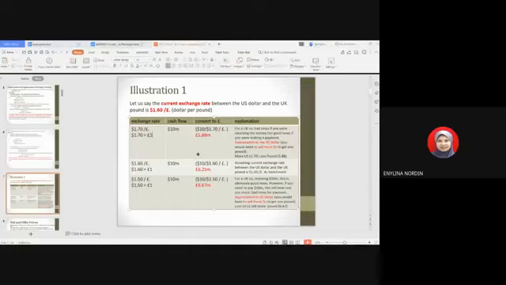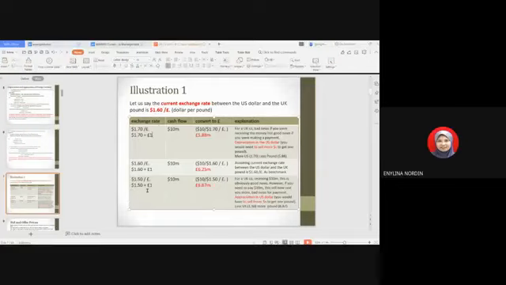What happens if the currency now becomes 1.50 dollars equals 1 pound, from 1.60 to 1.5 now?